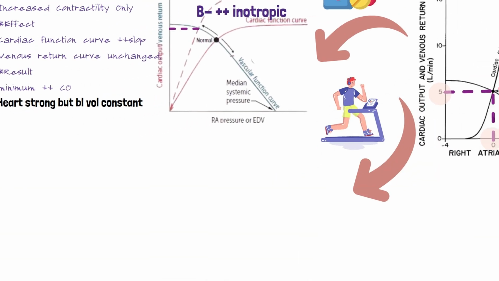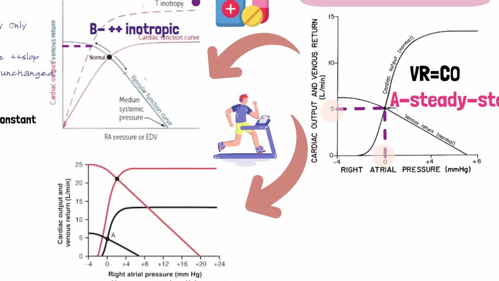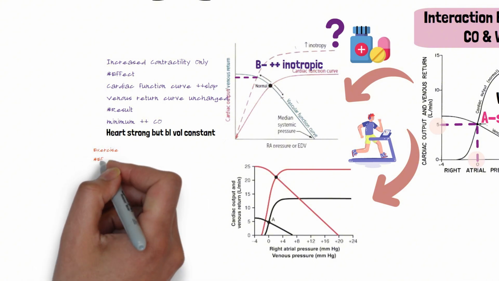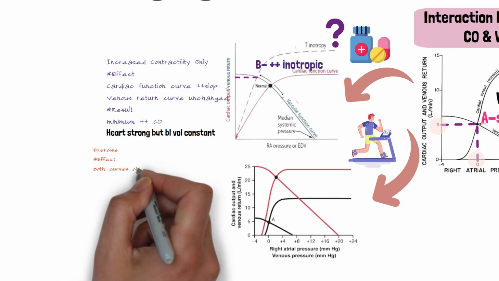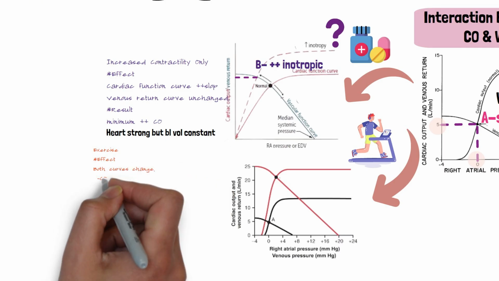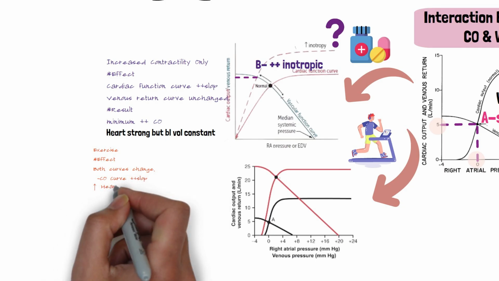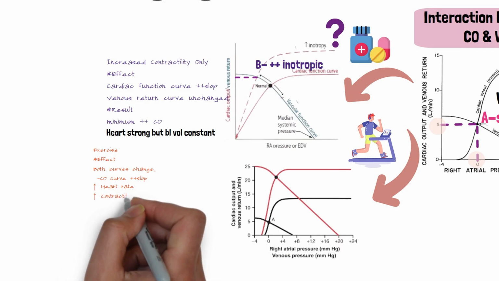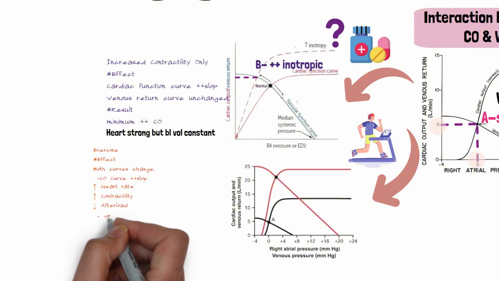What about exercise? As you can see, during exercise, both curves change. The cardiac output slope increases, and the venous return shifts up to the right. Since exercise affects the entire cardiovascular system, the heart is affected: the heart rate increases, the contractility increases with decreasing afterload, and this increases the slope of the cardiac output.